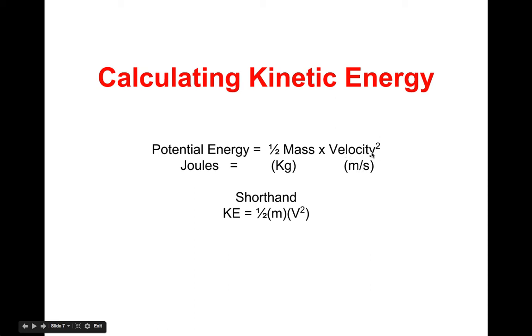And you're squaring your velocity. So whatever the velocity is, if it's 10 meters per second, you need to square it. So it would become 100 meters per second. The shorthand, you'll see the formula, KE equals 1/2 mv squared. Remember, you're squaring the velocity and not the entire problem. So the only number that you're squaring here is that velocity. So this is where your order of operations comes into play.